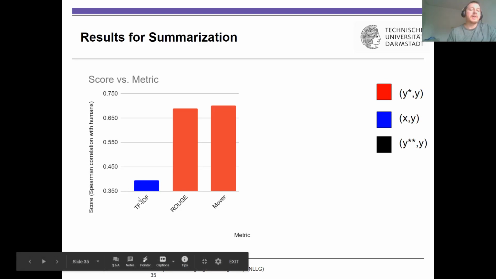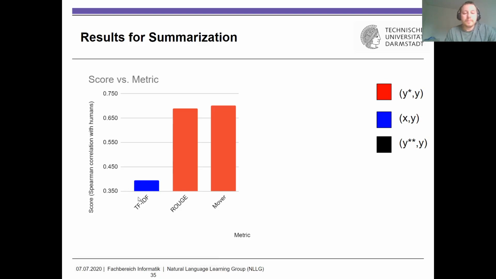So TF-IDF is basically, well, TF stands for term frequency, IDF is for inverse document frequency. You make a TF-IDF statistic of X and Y. So basically, you extract those words that are both frequent and rare.